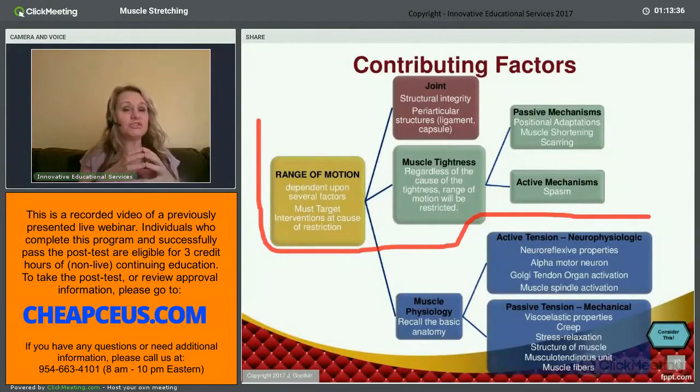Either the joint structures are not allowing the movement of the joint surfaces, or the muscle is not allowing for the excursion. It doesn't have the appropriate length.